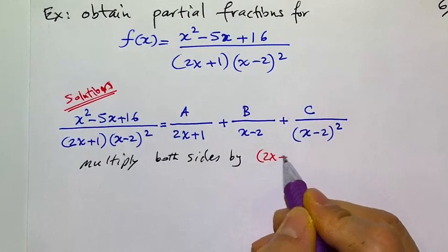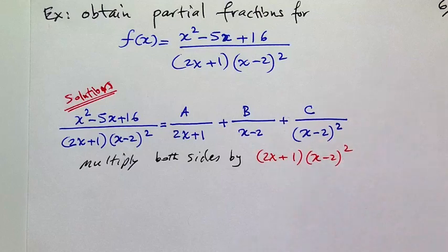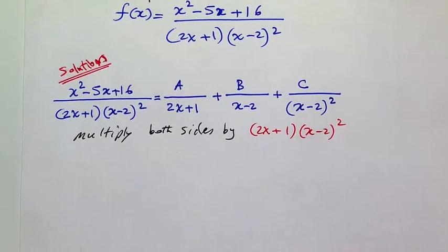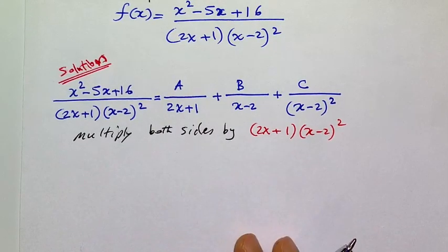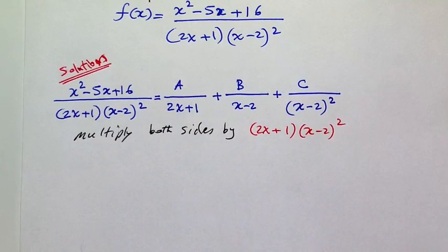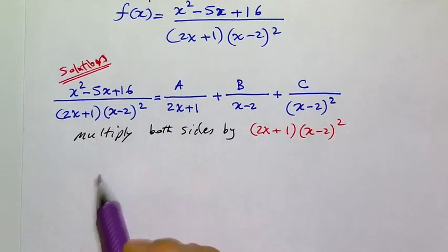By 2x plus 1 times x minus 2 squared. Now I'm going to do the same thing as I did before. I'm going to do this step by step so everybody can see how this works. I highly recommend and encourage you to pause the video at this point. Don't look at the rest of the solution. Do this and continue on your own until the finish. Then come back to the video and see how I did it. Okay?